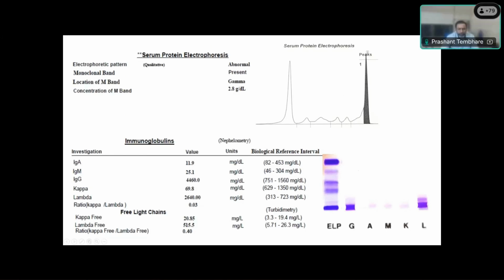Again, lambda light chain restriction was there. The ratio of involved to uninvolved light chain was almost 40. And this immunofixation shows the lambda light chain and IgG M protein.